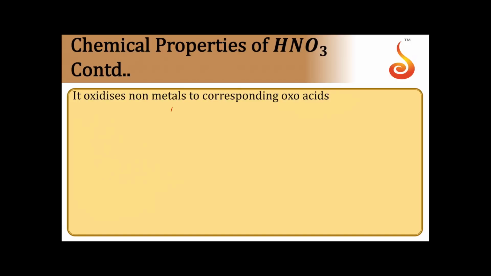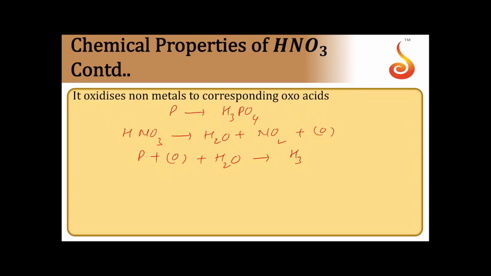Let us take now the example of phosphorus. Phosphorus gets oxidized to phosphoric acid. The reactions are the same with HNO3: HNO3 gives rise to H2O plus NO2 plus nascent oxygen. Now phosphorus plus nascent oxygen plus water gives phosphoric acid, H3PO4.